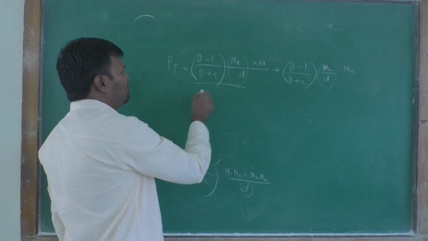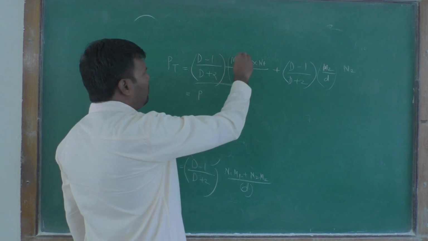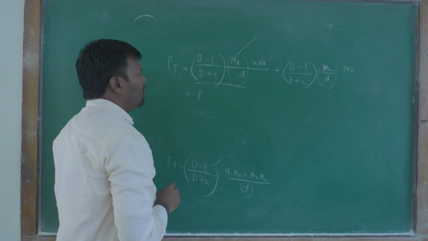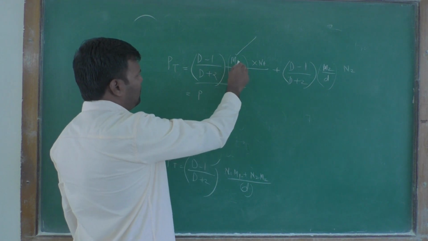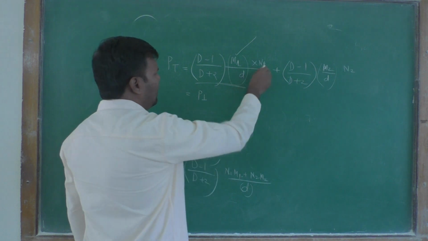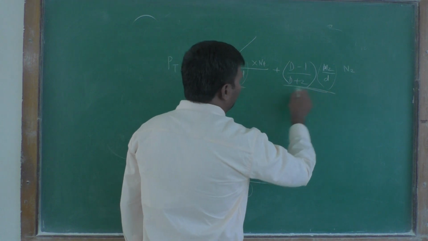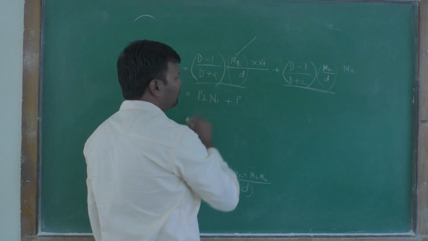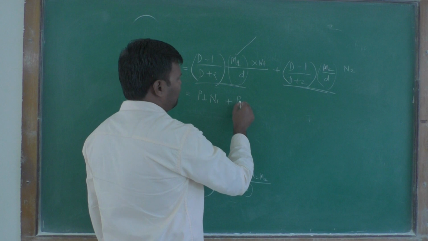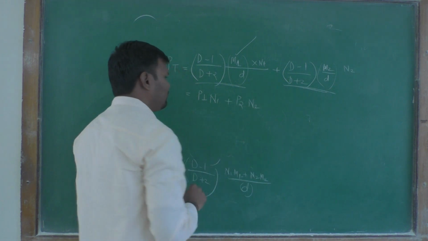Okay, this quantity is nothing but the molar polarization of our solvent, that is P1 into n1, plus this is the molar polarization of the solute, that is P2 into n2.